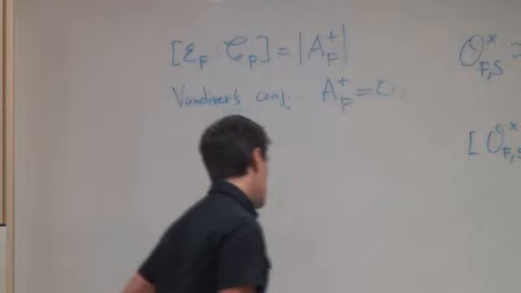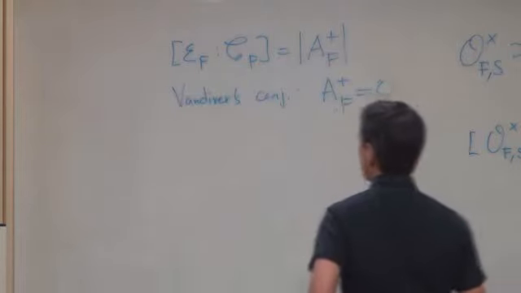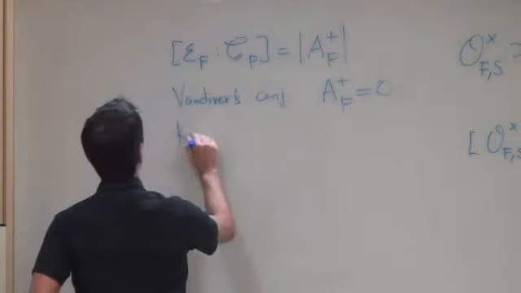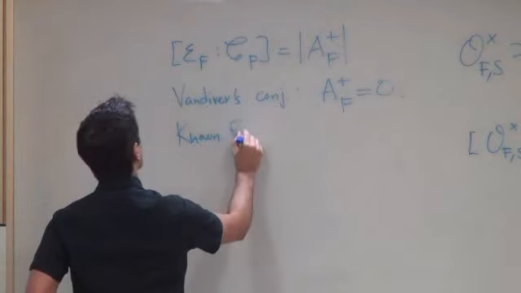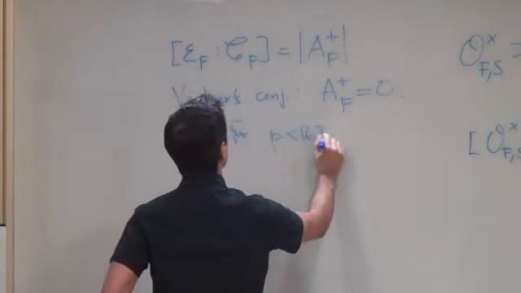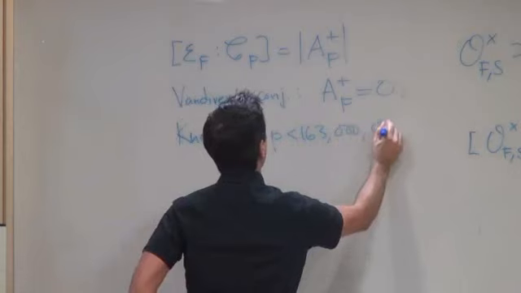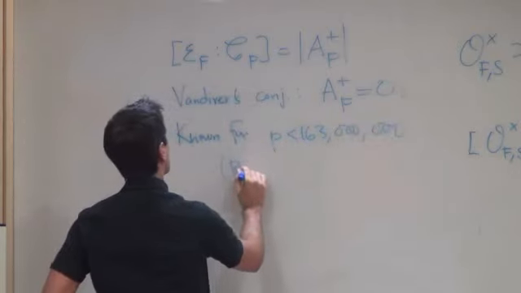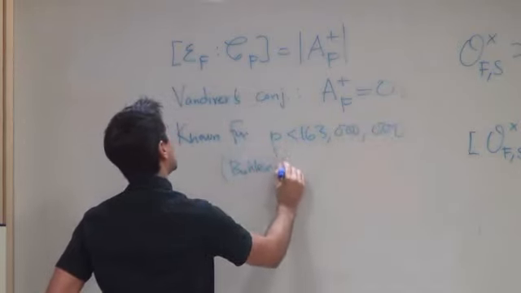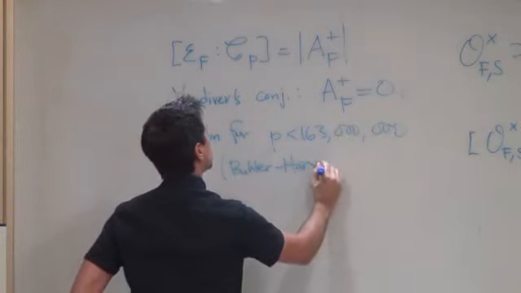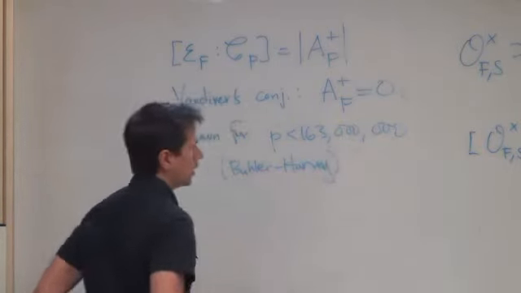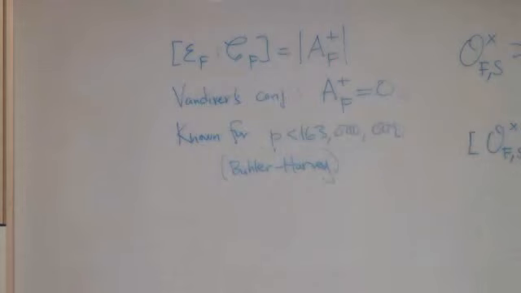It's known for p less than 163 million, by Euler and Harvey, although there were previous computations, also involving Euler, up to 12 million and 16 million, I think.